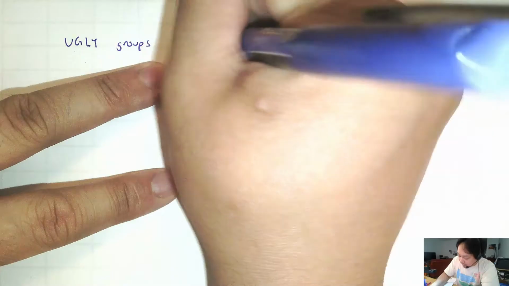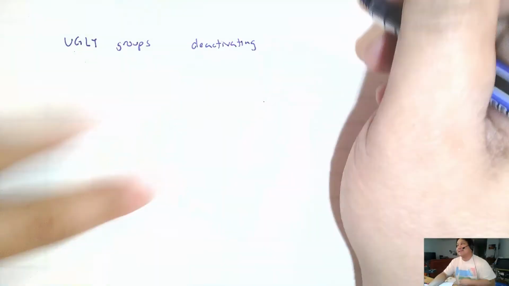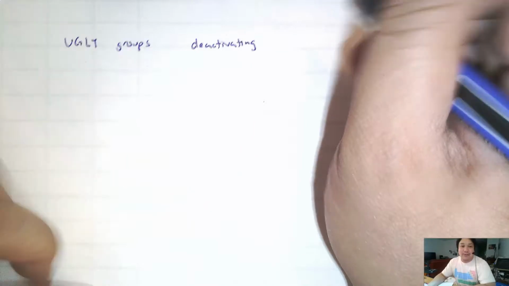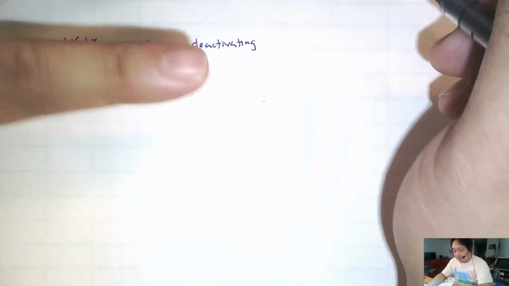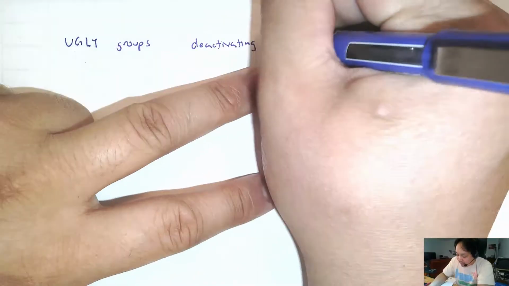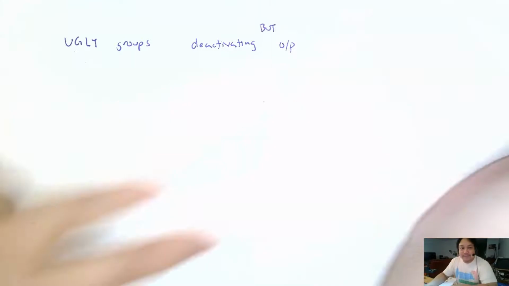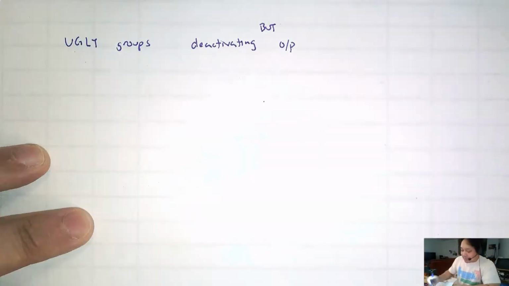They are deactivating like a bad group. So you could think of them as electron withdrawing, but let's not write that down here. Just remember they're deactivating, but they are ortho-para directing. And those are the halogens.